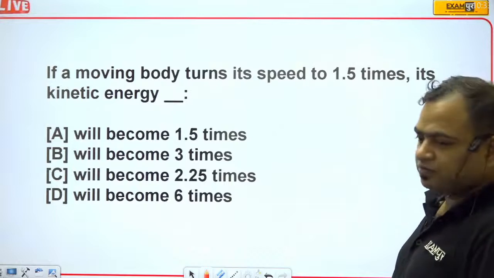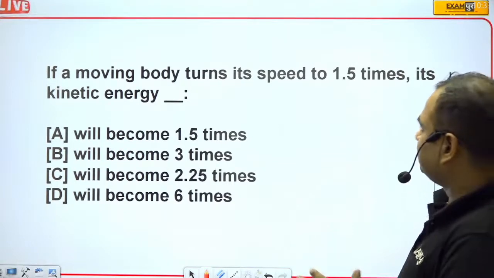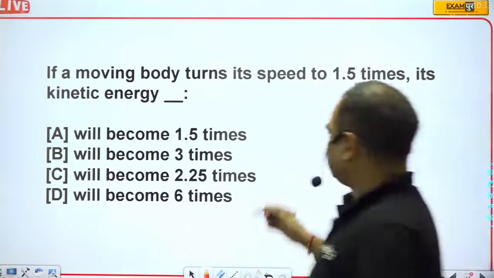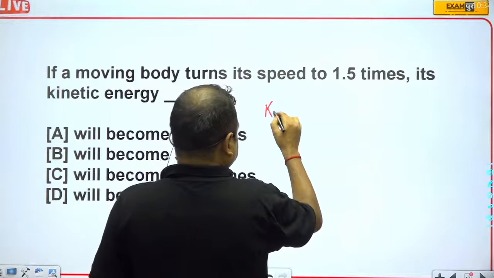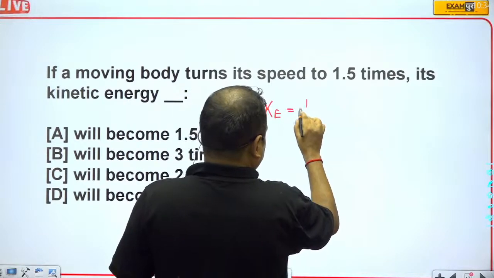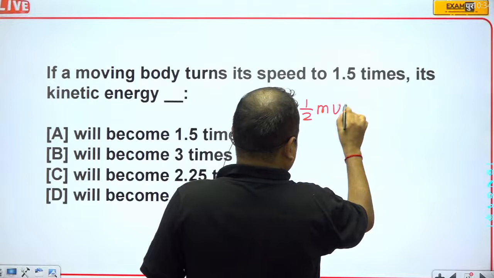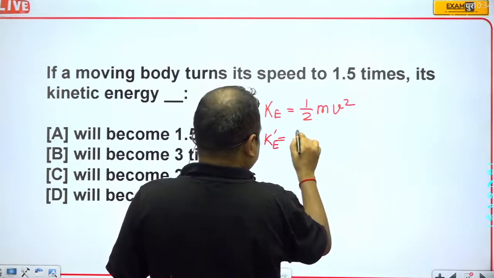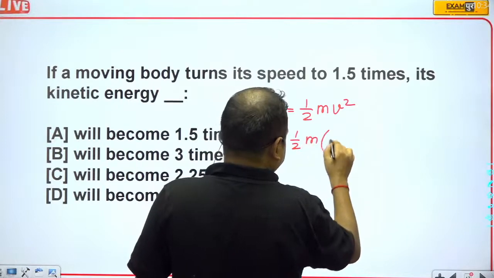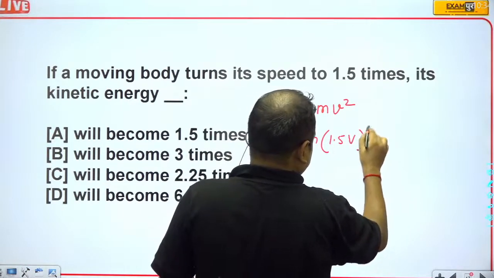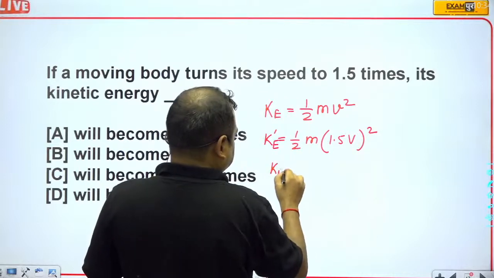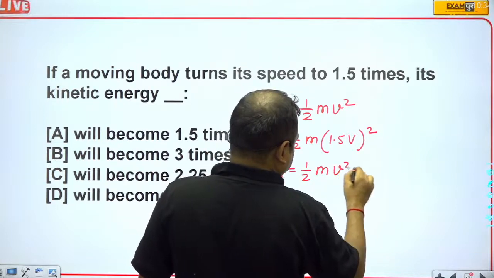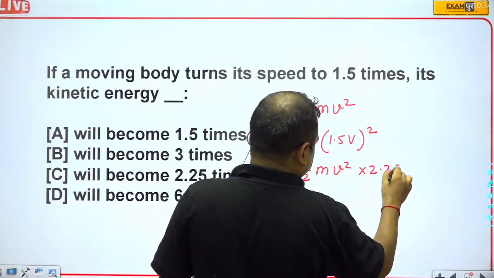Now, suppose a moving body turns its speed to 1.5 times, then its kinetic energy? Kinetic energy KE is equal to 1/2 mv squared. Then KE dash will be equal to 1/2 m into (1.5 v) whole squared, which is 1/2 m v squared multiplied by 2.25.